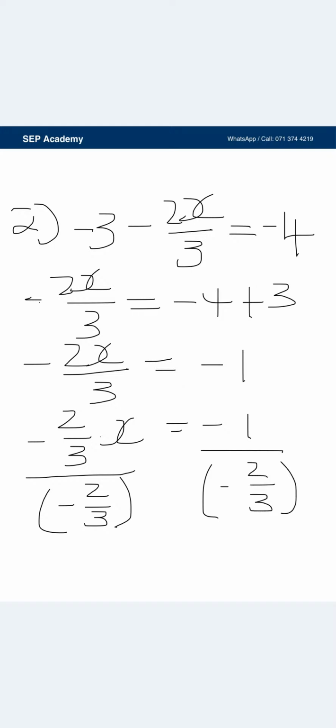You divide by that so that the whole of this can cancel completely with that. Then you remain with your x, which will be equal to, you can punch that on your calculator, it should give you positive 3 over 2. Let's see, when we punch it on a calculator, it's negative 1 divided by, in brackets, negative 2 over 3. Yes, it gives positive 3 over 2, and that should be the end of it.